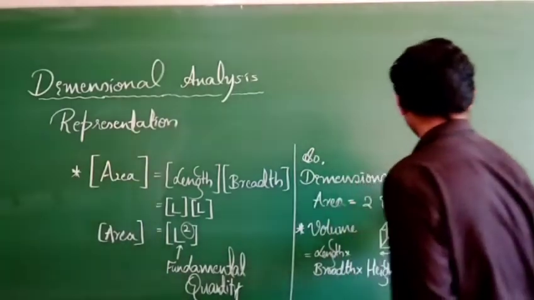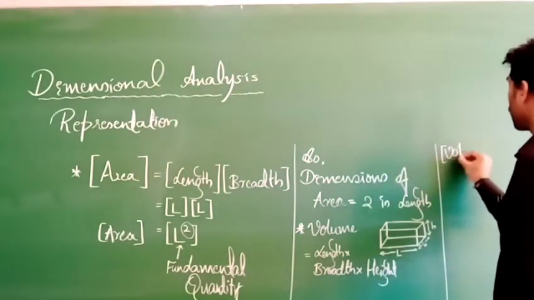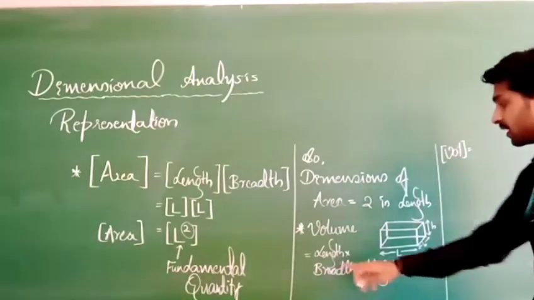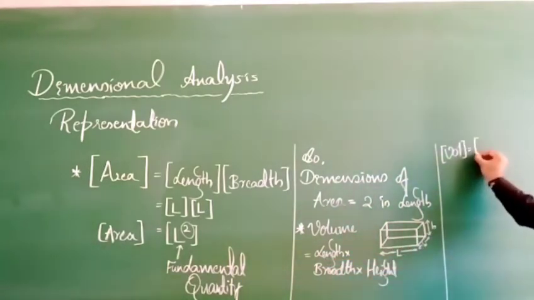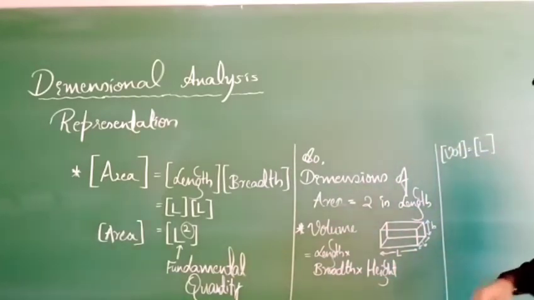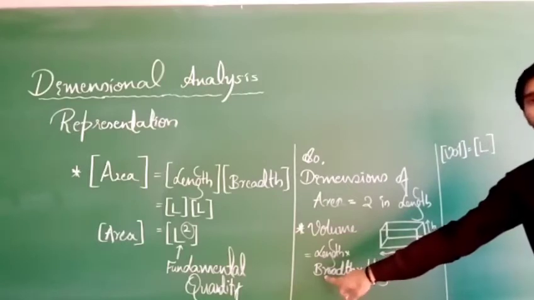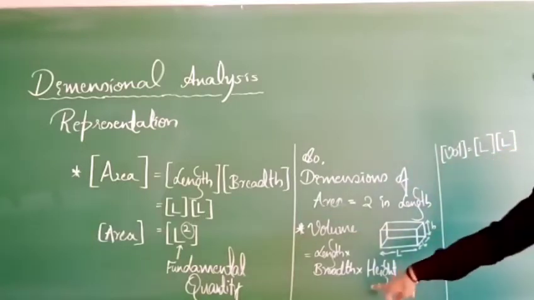So if I want to write the dimensional formula, dimensions of volume, that is nothing but dimensions of length. What is the dimension of length? We are going to write it as L for length, remember. Next breadth is nothing but what? Basically it is length only, so that's why L into L. Next height.